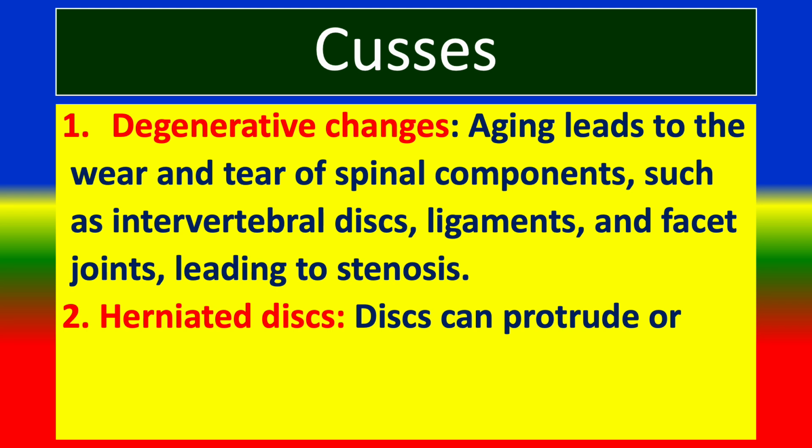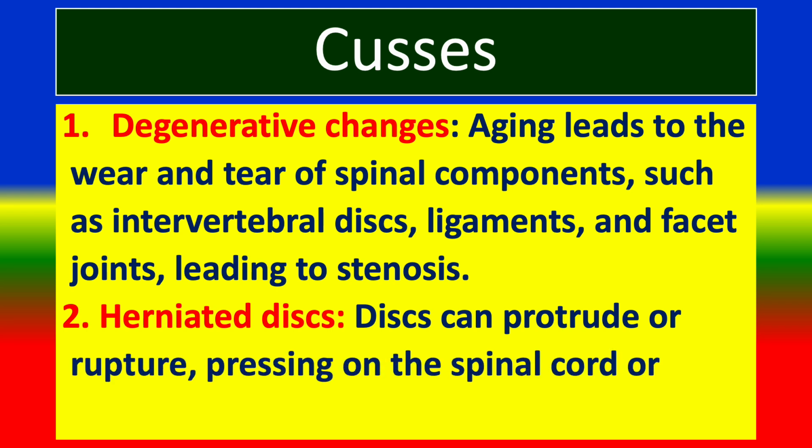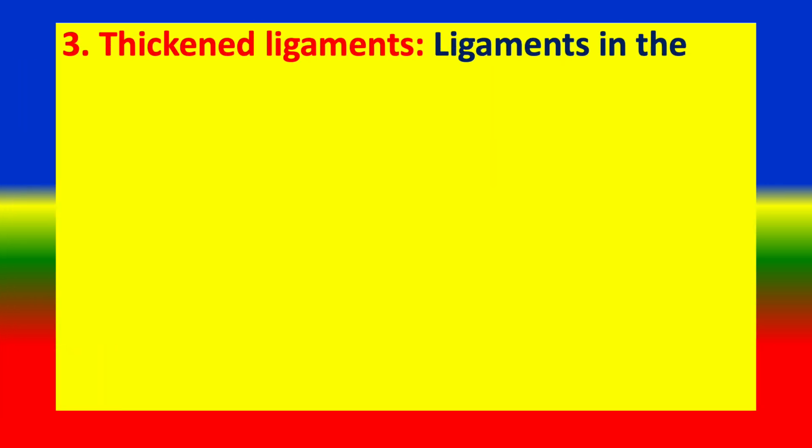Herniated disc. Discs can protrude or rupture, pressing on the spinal cord or nerves. 3. Thickened ligaments.